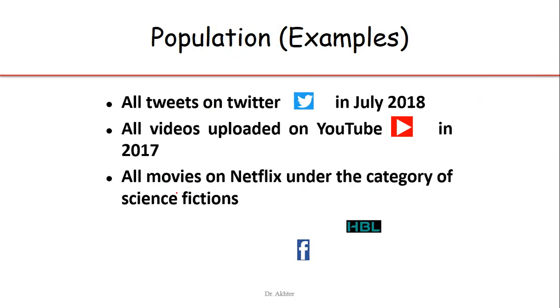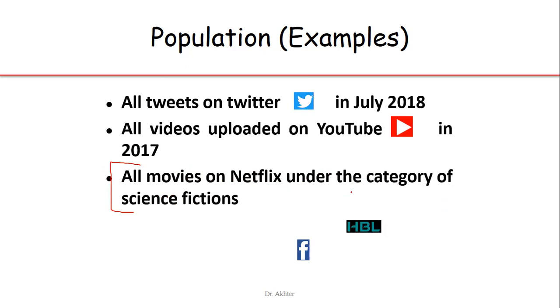This can be a sample in another scenario. If all movies on Netflix are the population, then the movies under the category of science fiction become a sample. But from the perspective right now, we assume all science fiction movies as my population, and from this population I can select a sample.